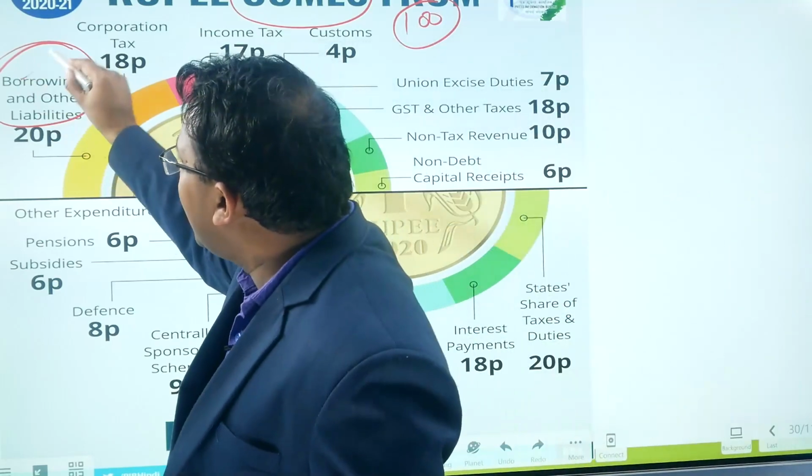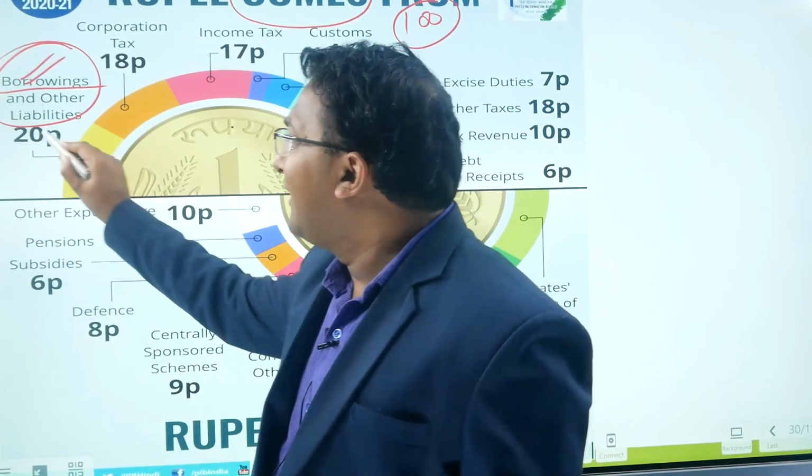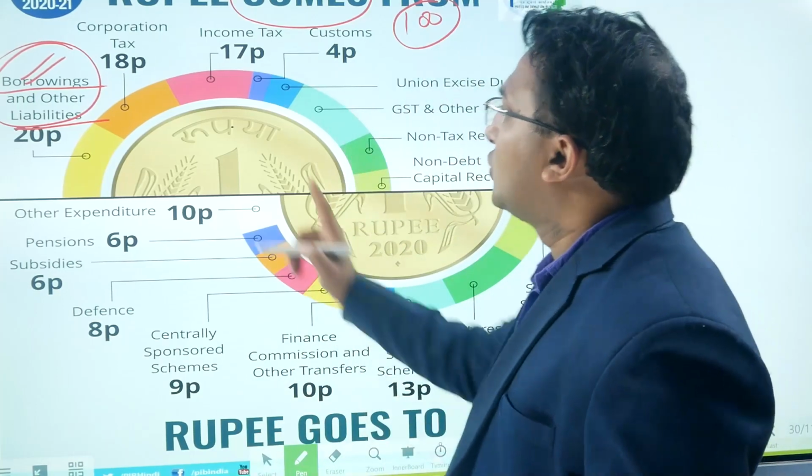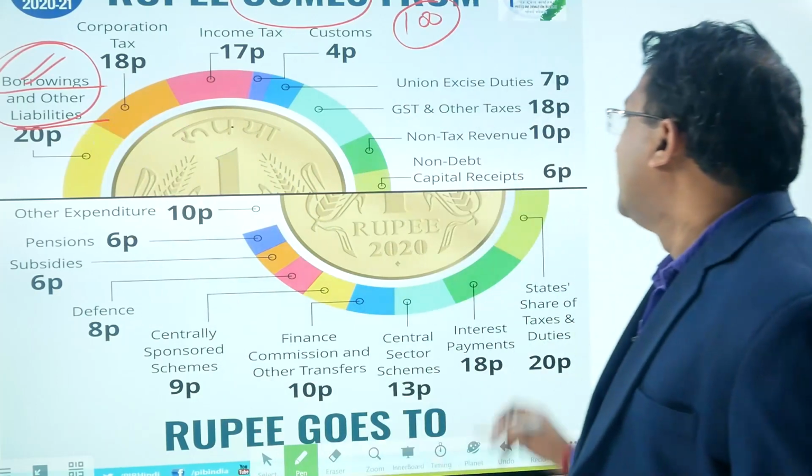Here the borrowing represents the amount of money which the government requests from the public, and liabilities represents those amounts which the public itself keeps with the government, for example provident fund, and this becomes the liability of the central government. So this is the borrowing and the other liability.